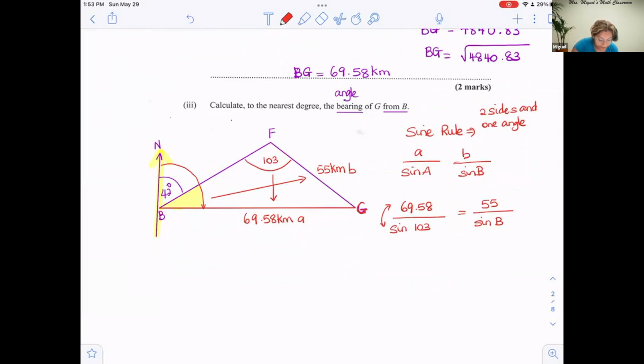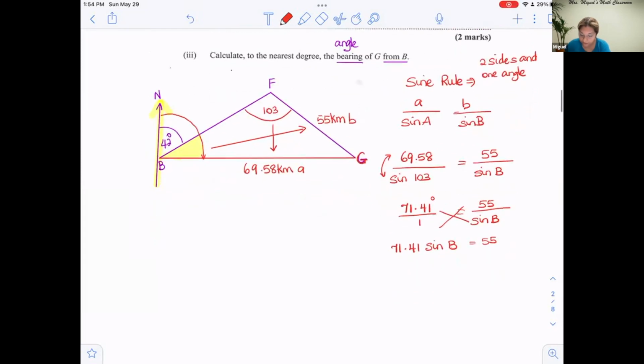Somebody work out this part here for me: 69.58 divided by sine of 103. Work that out for me, please. 71.41 over 1 is equal to 55 over sine B. So we are going to cross multiply. 71.41 sine B is equal to 55.